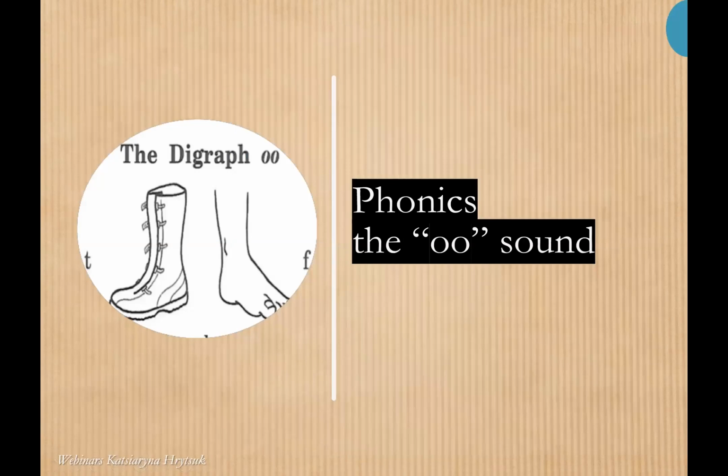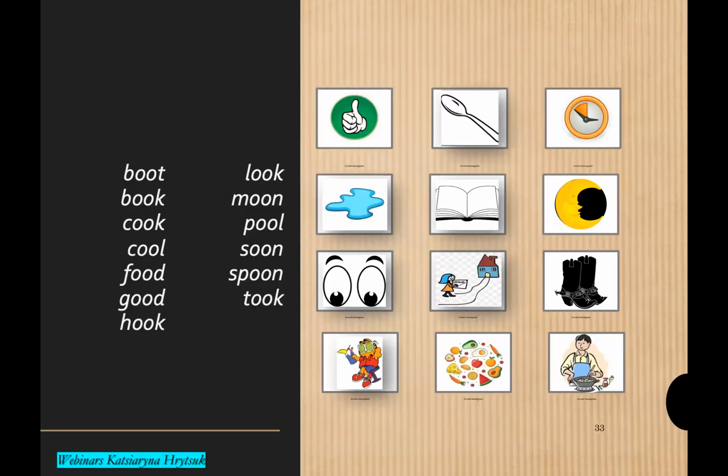Okay, so the digraph U. That is what I would like you also do at home. When you do this exercise, you need to connect the word with the picture. For example, boot goes here, boot.